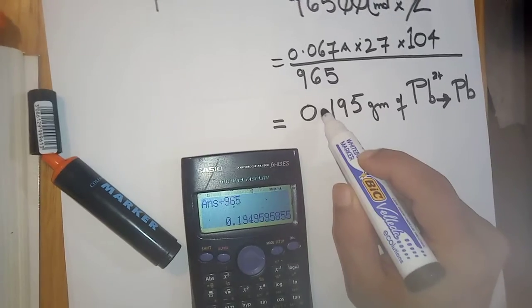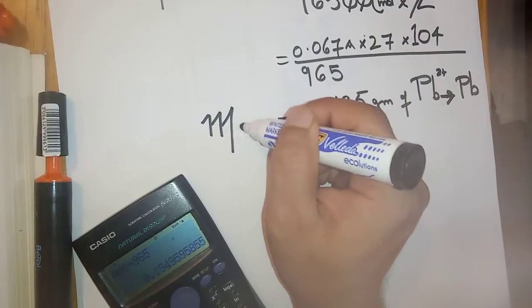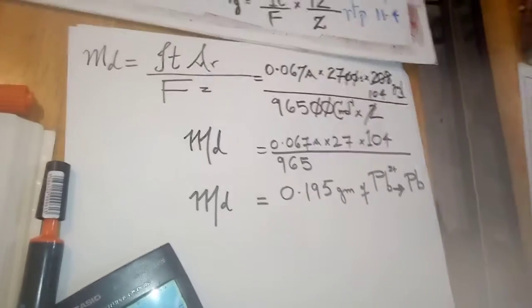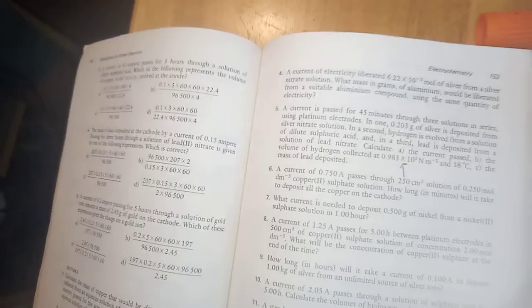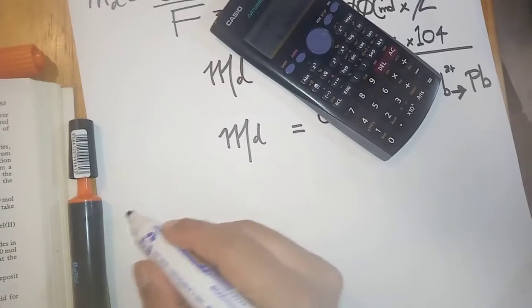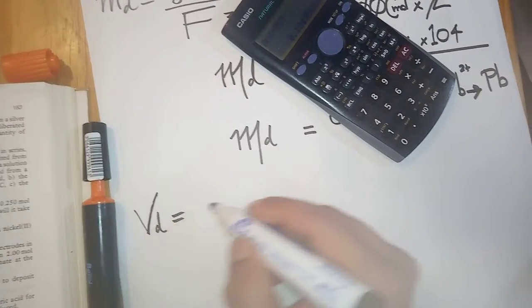So 0.2 grams of lead achieved its elemental form after the electrolysis. So long question indeed, ever so confusing. But if you look at this equation, we take it as volume generated.